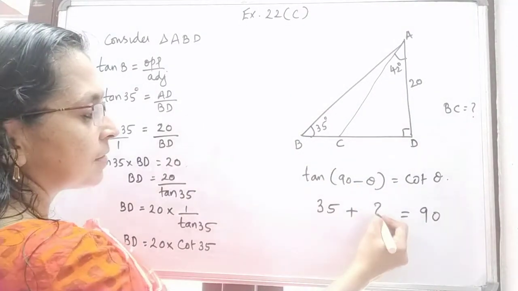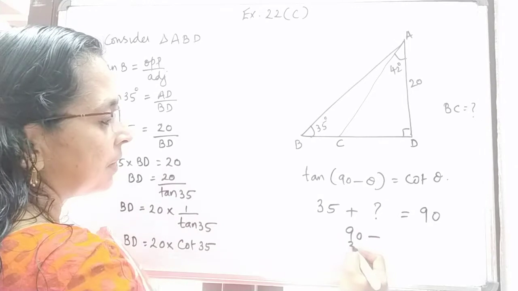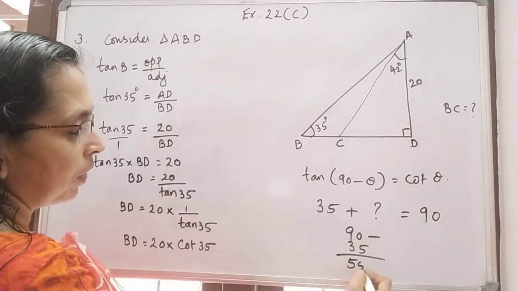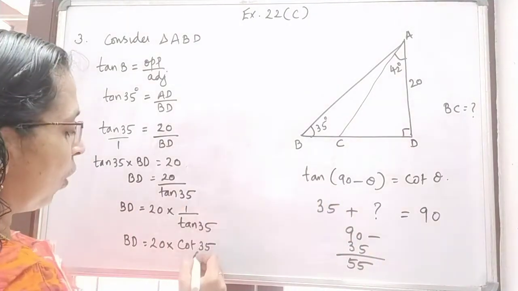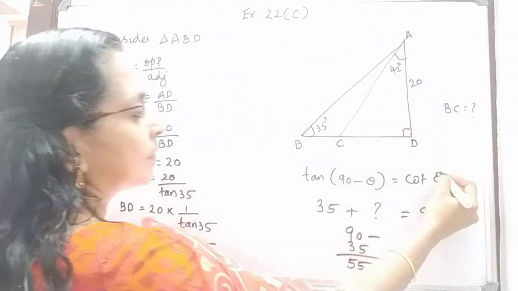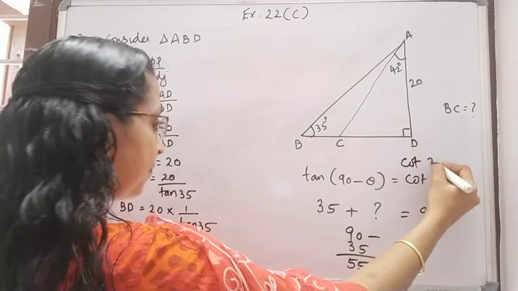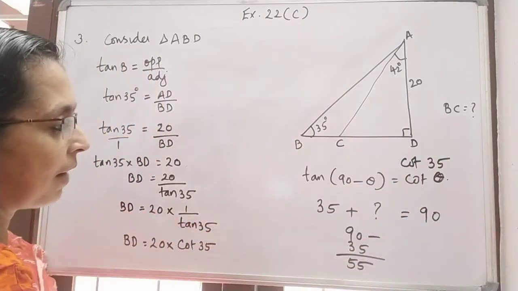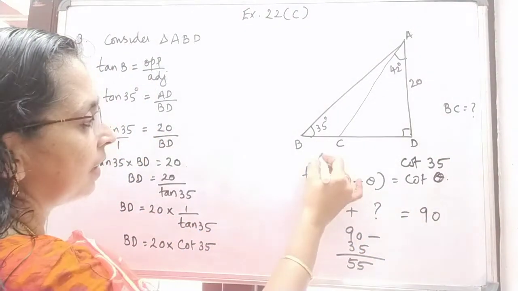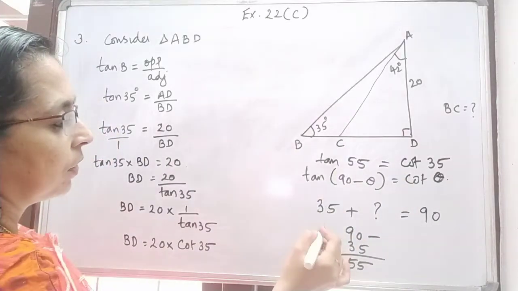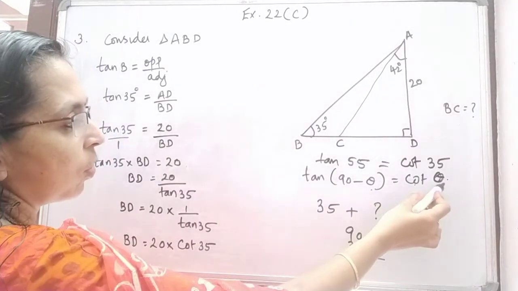So how can we find this angle? That will be 90 minus 35, which is 55. So instead of cot 35, we can write it as tan 55. Understood? Tan 90 minus theta is cot theta.